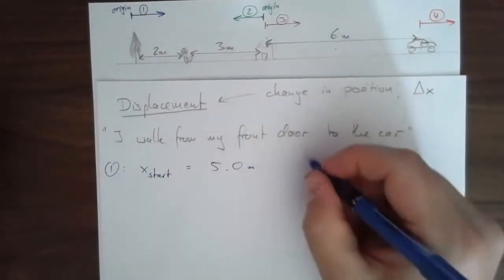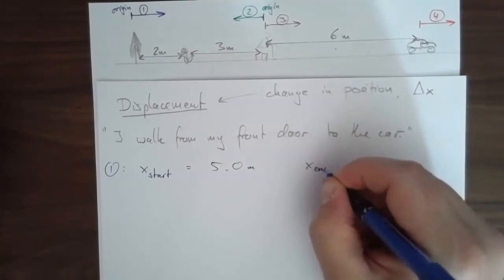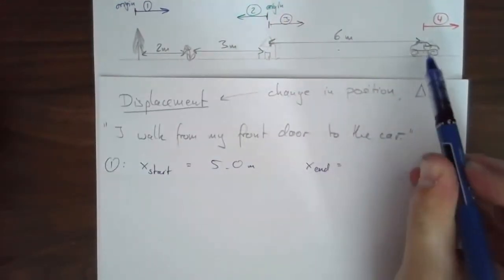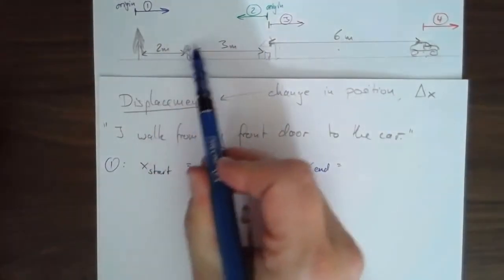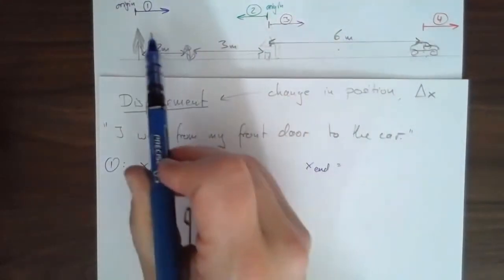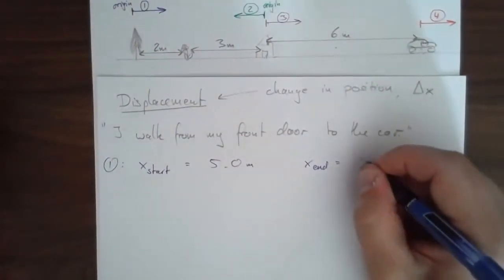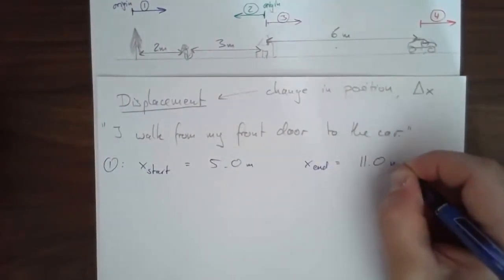I end at the car, so that's 2 plus 3 plus 6 in the same direction that the axis is pointing to the right. That's the plus, it's 11 meters.